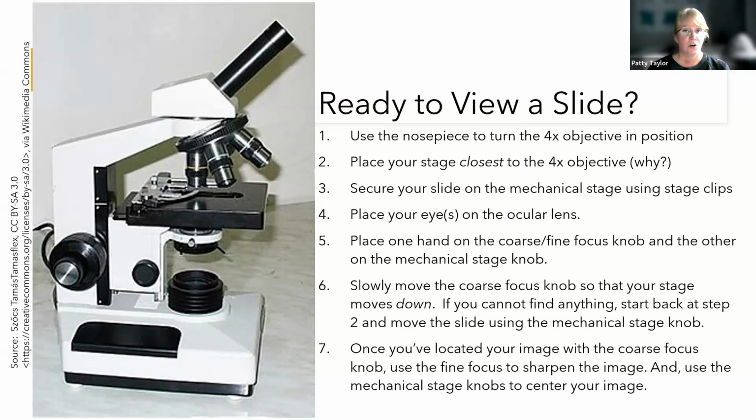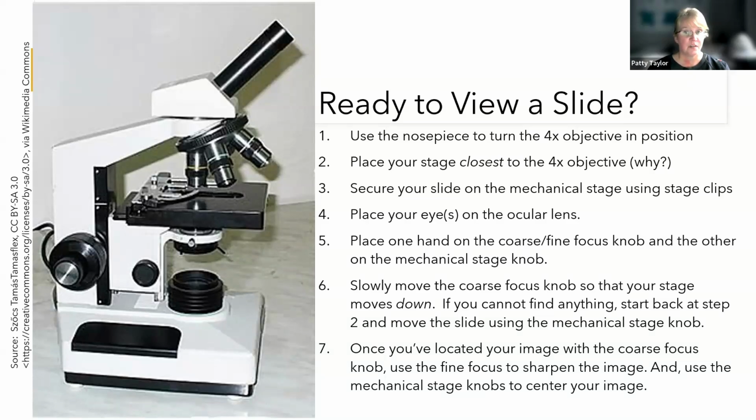So just like driving a car, you're going to want to leave your eyes on the microscope and then feel comfortable enough manipulating those control knobs with your hands. So you'll put your hand on the coarse knob, another hand on the mechanical stage, and then you'll crank that stage down slowly so that you can spot any specimen image that comes into focus.